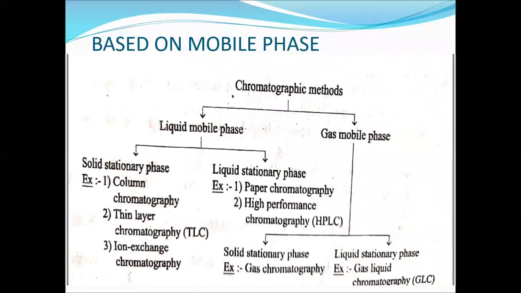Now, based on the mobile phase, again the chromatographies are classified into different types. Chromatographic methods based on the mobile phase are basically of two types. One is the liquid mobile phase, and the second one is the gas mobile phase.